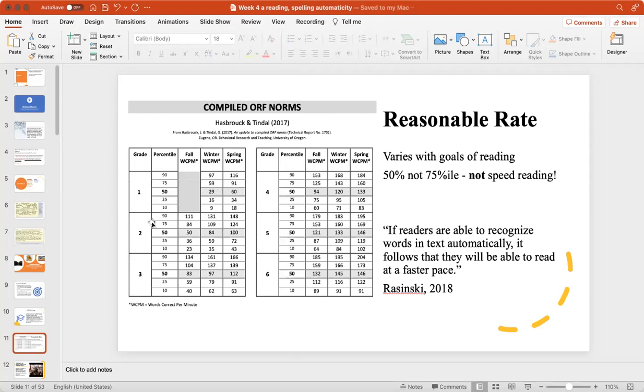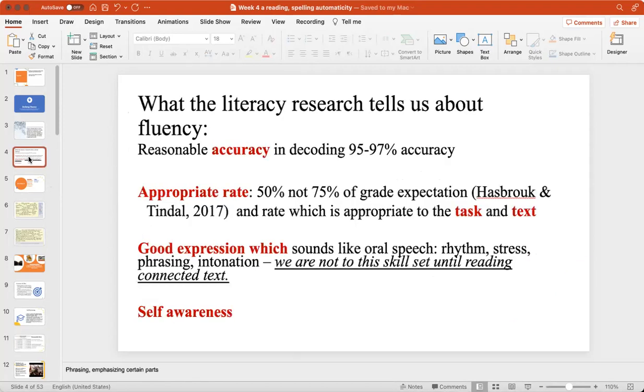In second grade we want to see our students reading 84 to 100 words correct out loud per minute, and it goes up to sixth grade, where we want to see them reading 145 to 146 words correct per minute. But we don't want them to sound like this, going really fast, because if they're going really fast, they are not understanding what they're reading.